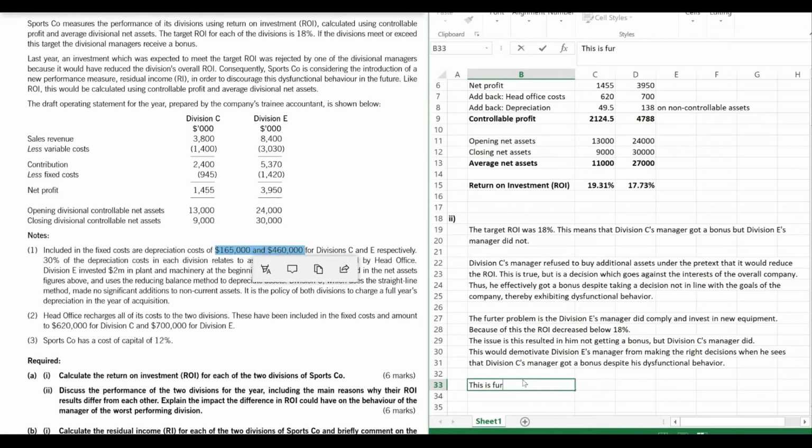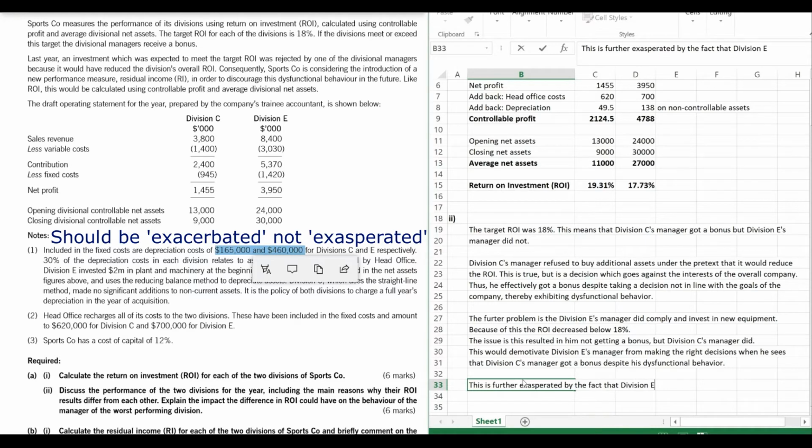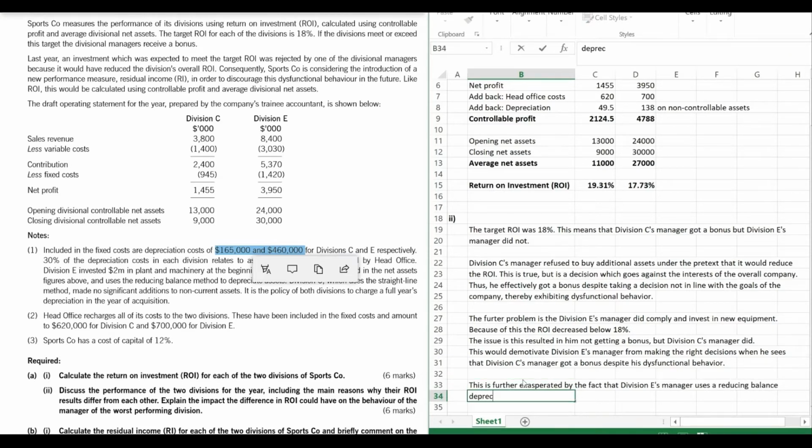This is further exacerbated, meaning amplified, by the fact that Division E's manager uses a reducing balance depreciation method, and depreciation is charged for a full year during the year of acquisition.